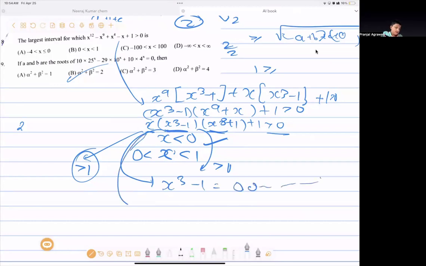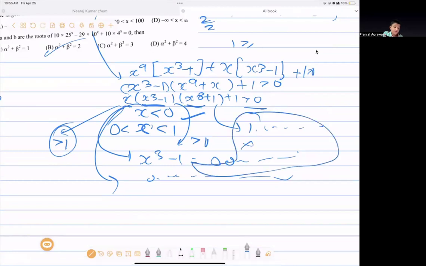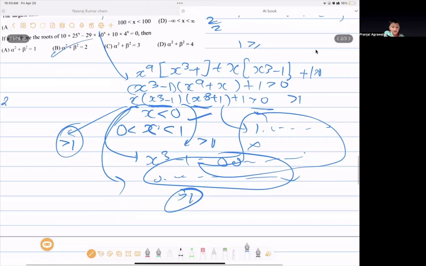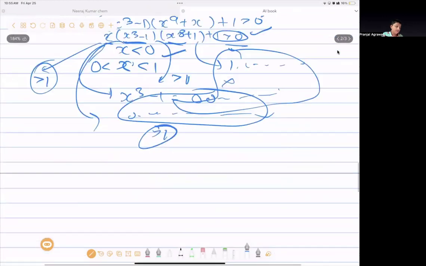This is also some 0.00 dot dot dot. Suppose this is 1.000 dot dot dot. So if you multiply this and this, it will always be less than 1. And then if you multiply this, it will always be less than 1. So something less than 1, minus, less than minus 1, plus 1, that is always going to be greater than 0. So that's why it is always suffice.